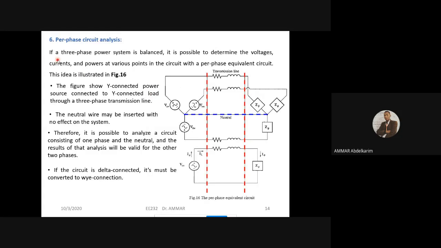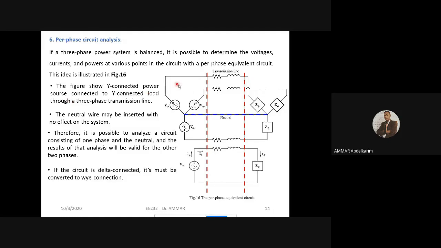If the three-phase power system is balanced, of course, the condition here is that the system must be balanced, it is possible to determine the voltage, the current, and the power at various points in the circuit with the per-phase circuit analysis. So here you can see this system.